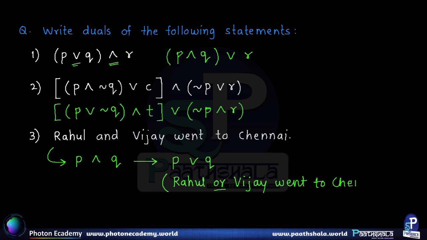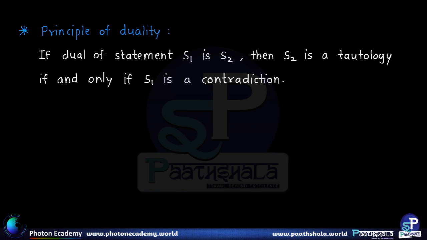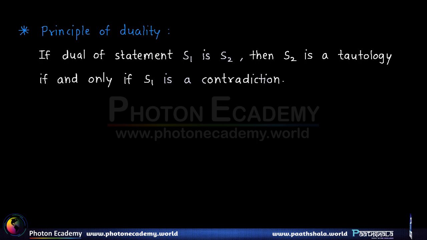At the end we have to learn something called the principle of duality. That's what we will learn on the next slide. We have to merely remember its statement. It says that if the dual of a statement S1 is another statement S2, then S2 is a tautology if and only if S1 is a contradiction. So suppose we take the dual of S1 and that is S2.